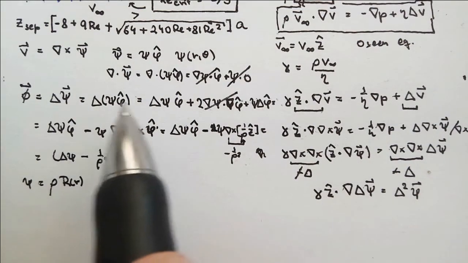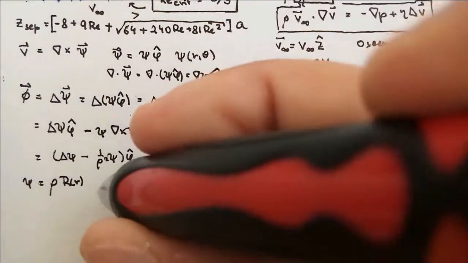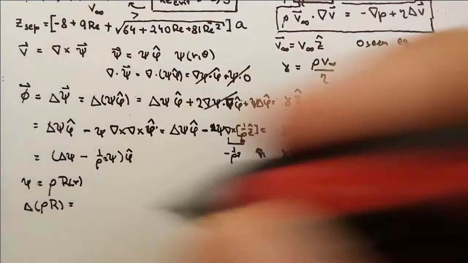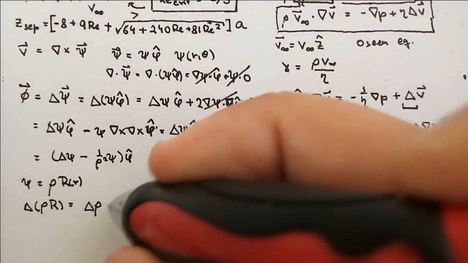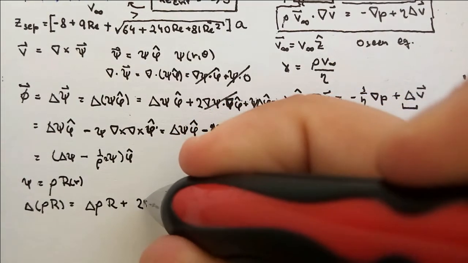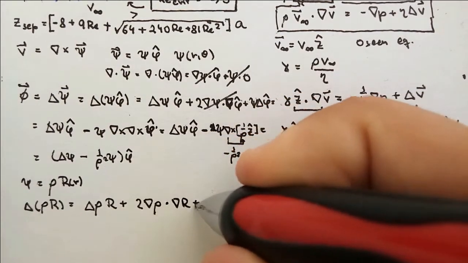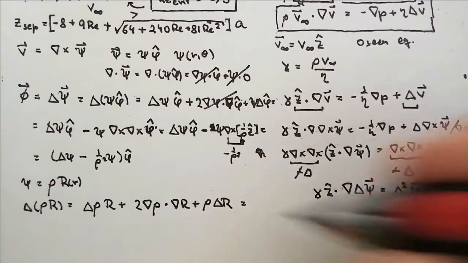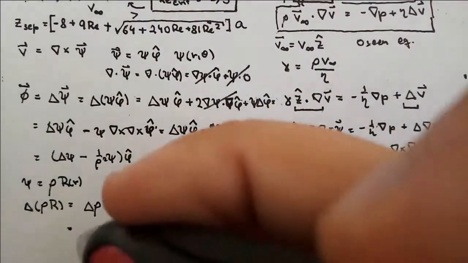We know that it's going to be this, so we only have to compute the Laplacian of this part, the Laplacian of rho times r. We can use the same formula as before. So it's Laplacian of rho times r, plus 2 times gradient of rho times gradient of r, plus rho Laplacian of r, and this is what? This is going to be the Laplacian of rho, whatever it is.